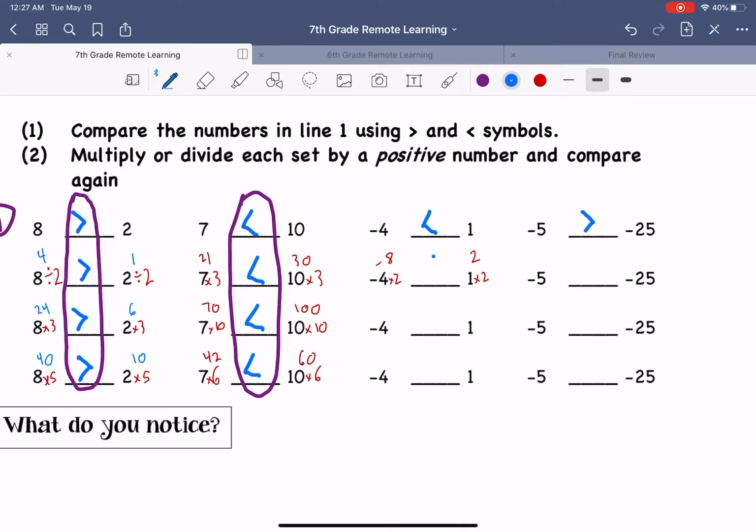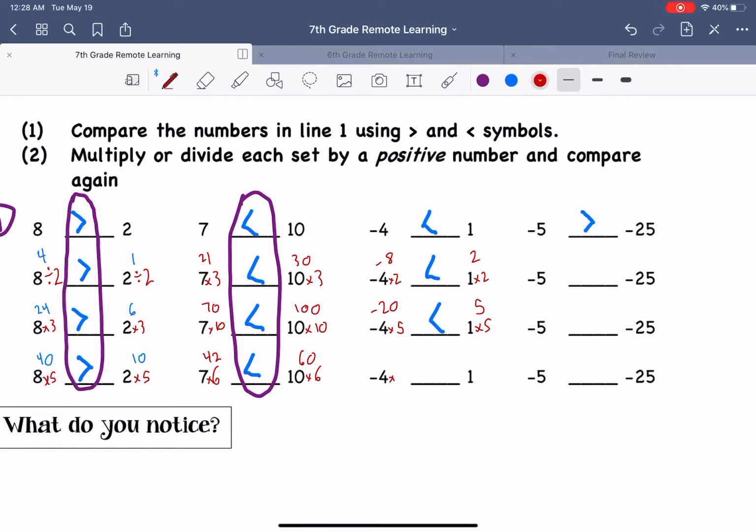Negative 8 is less than 2. Let's do 5. Negative 4 times 5 is negative 20. 1 times 5 is 5. Negative 20 is less than 5.